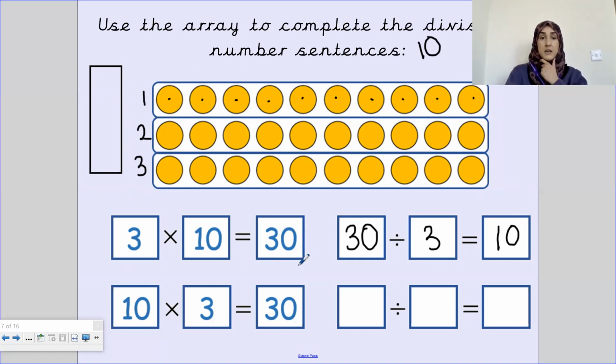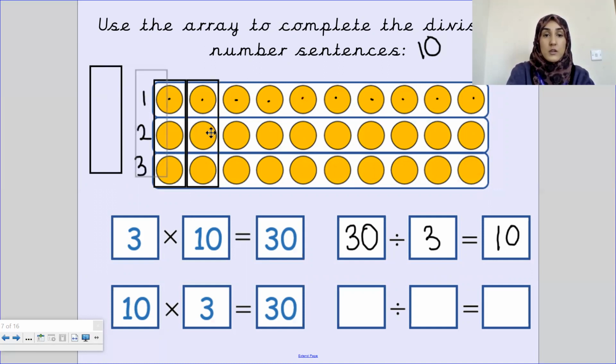Now, hang on a minute. Here is a rectangle. And what this is saying is we need to complete columns. We need to complete a division sentence based on columns. So, oh no, what's happened here? Right. So now we are going to split this array into columns. So that's 2, that's 3. Okay, let's keep it going. That's 4. Oh, that's 5.